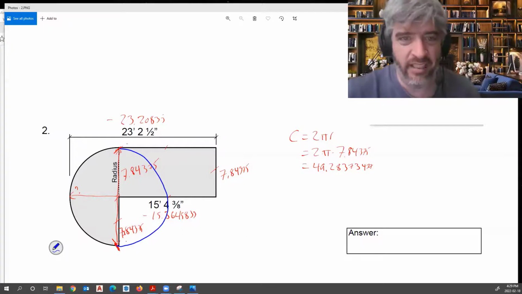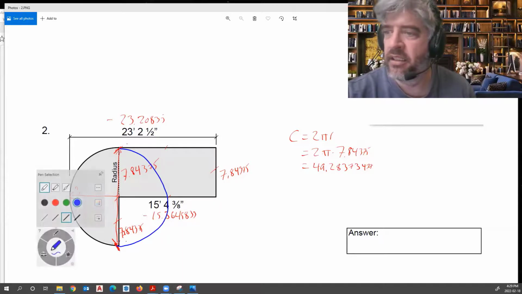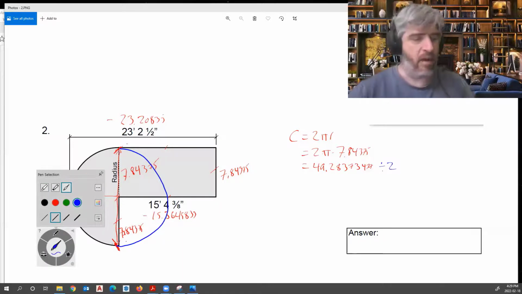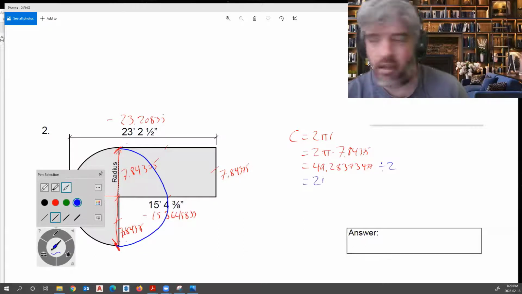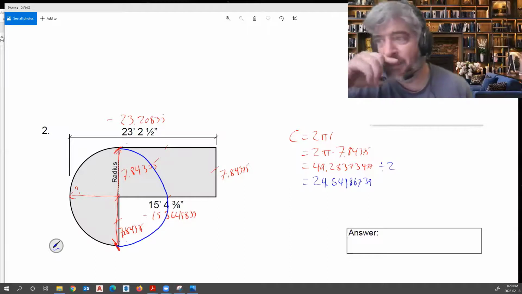That'd be the whole thing. We don't want that. We only want half of it. So what I need to make sure I do here is divide this by 2 to get half the circle, which leaves us with 24.64186739, and so on.